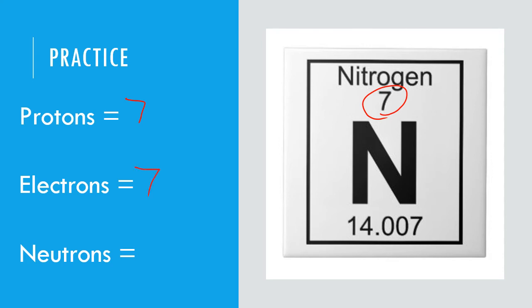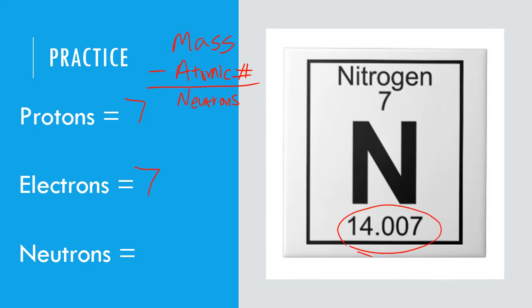Now we got to use MAN, and that was the mass number minus atomic number will give us our neutrons. Okay, so let's identify our mass number. That's 14.007, and we're going to round that to the nearest whole number, so that's going to be 14.